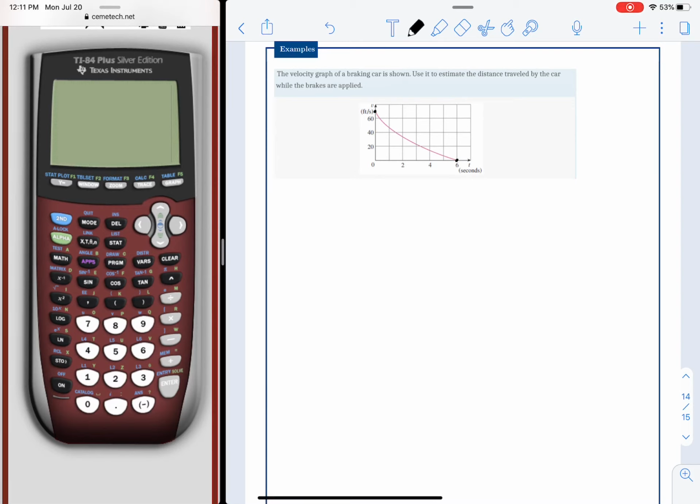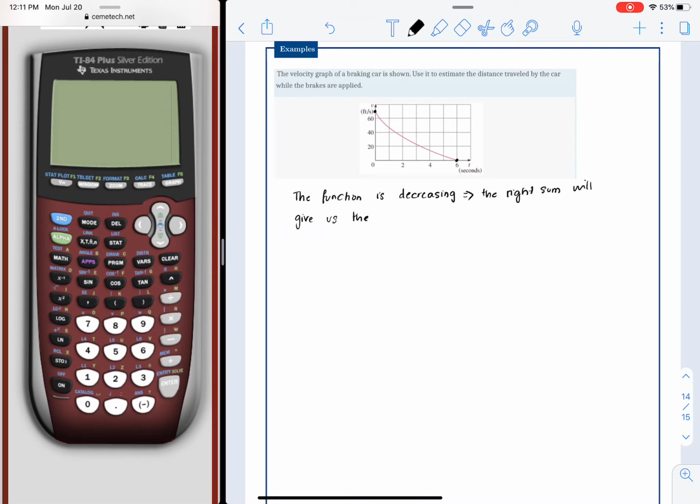And we want to see the distance traveled. The question here is, should we use the right sum or the left sum? Well, you look at the curve, the function is decreasing. Which would imply that the right sum will give us the lower endpoint.